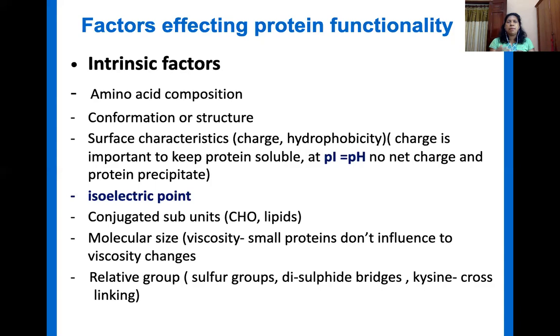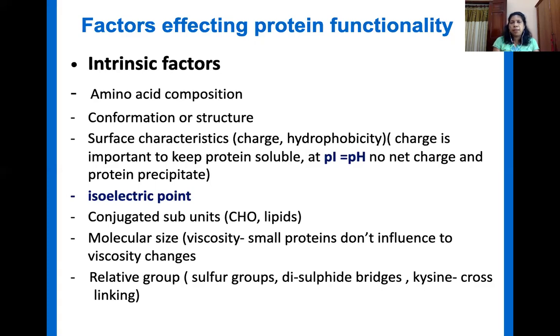Therefore, the behavior of these proteins is totally dependent on the amino acid composition, on which amino acids are linked with each other. Whether it is a bigger size or smaller size, hydrophilic or hydrophobic, polar or non-polar, acidic or basic, everything is defined by the amino acid composition. Therefore, the primary factor affecting protein functionality is the amino acid composition. The second one is conformation of the structure.